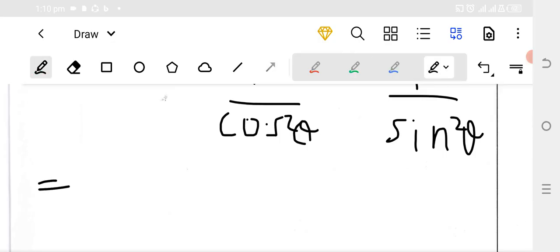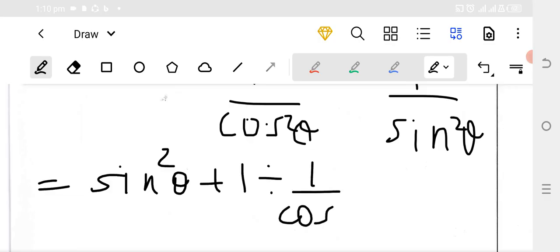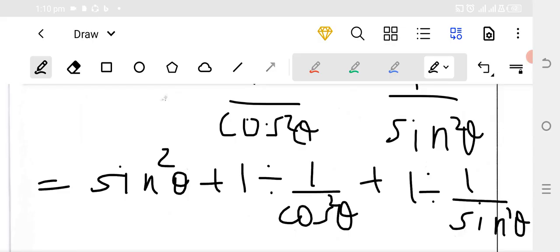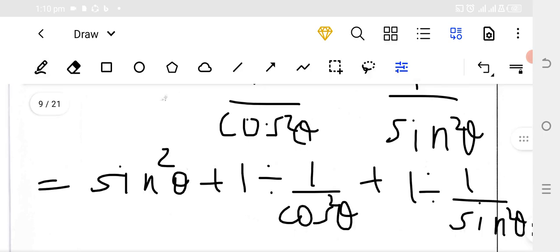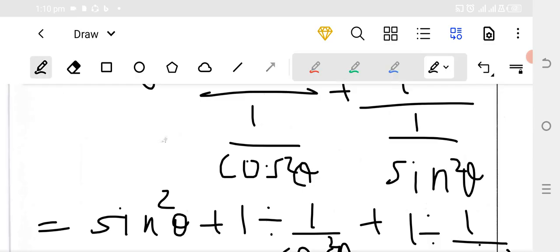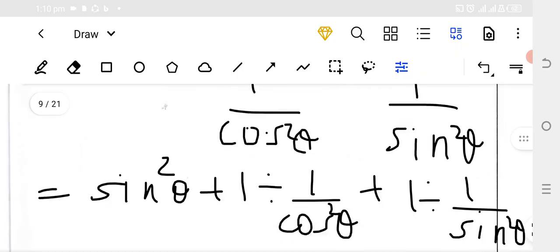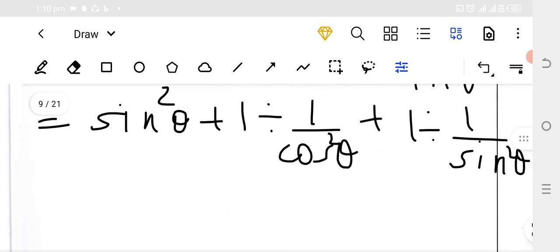So it is equal to sine theta squared plus 1 divided by 1 over cos theta squared, plus a 1 divided by a 1 over sine theta squared. That is what I meant. This is the same as what I did there, it's just that now I've written the division sign.